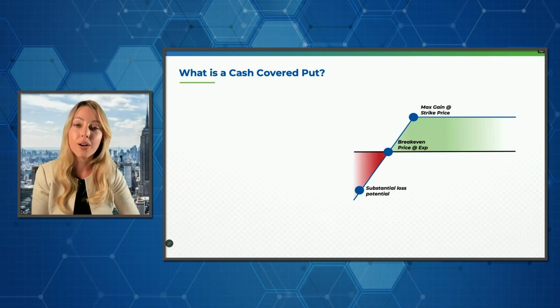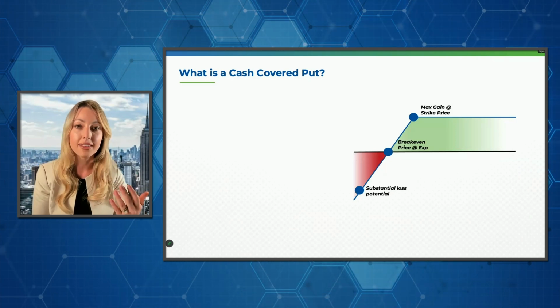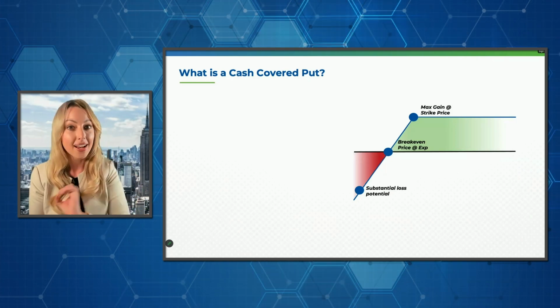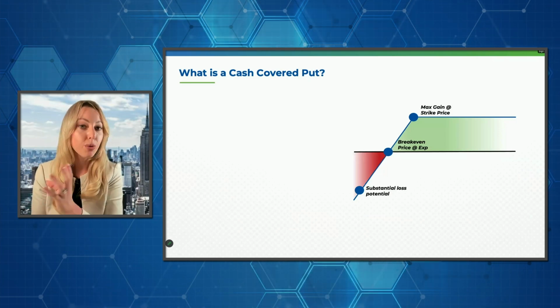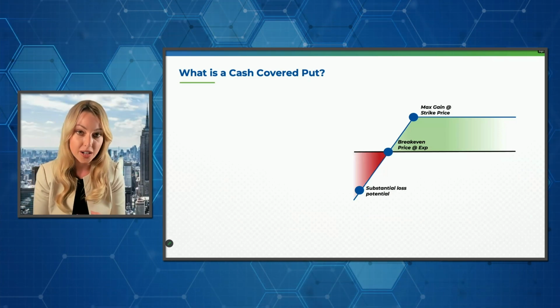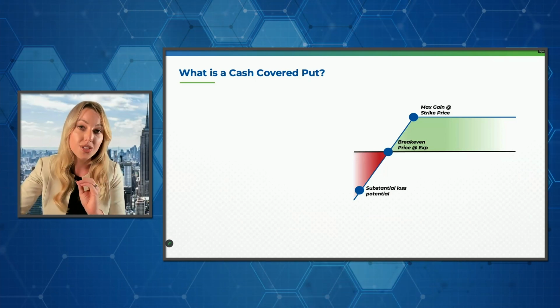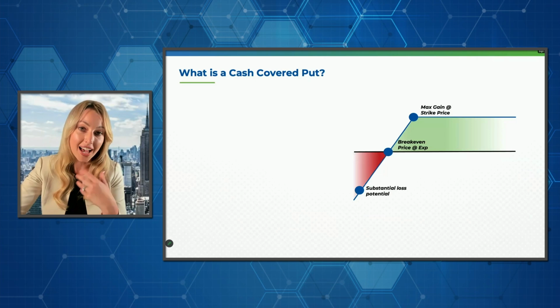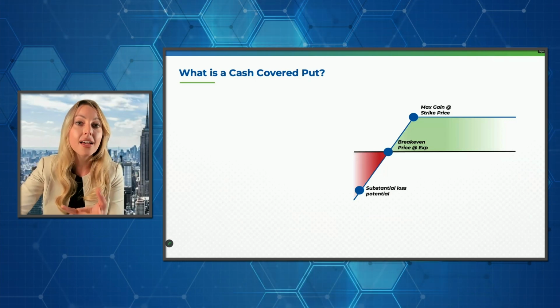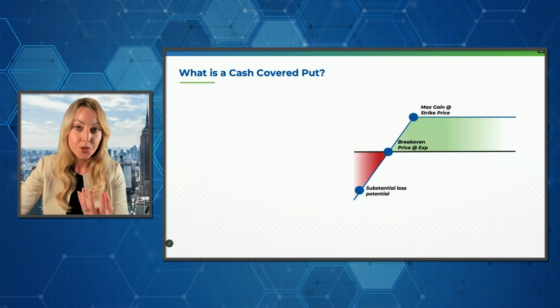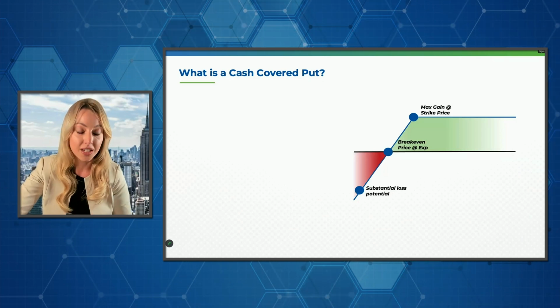So that same example, we've got a contract that represents the right to sell at $100 per share. We're obligated to buy at $100 per share. That obligation becomes the risk. However, you sell the cash secured put, which means you collect an upfront premium. So we're going to think about that in terms of yield.